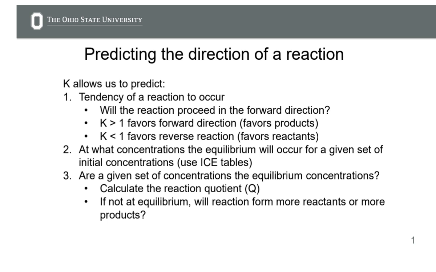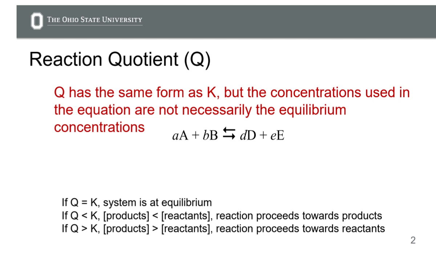Will we form more reactants, or will we form more products? Okay. So we looked at reaction quotient, like I said. If Q is less than K when we calculate these, essentially what that means is that the product concentration is less than the reactant concentration, then there should be at equilibrium, okay? So compared to at equilibrium, which means that the reaction is going to proceed towards the products. So we need to produce more products to get to equilibrium.